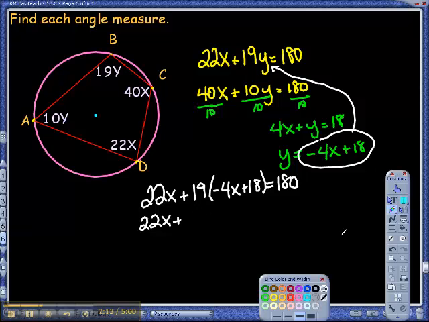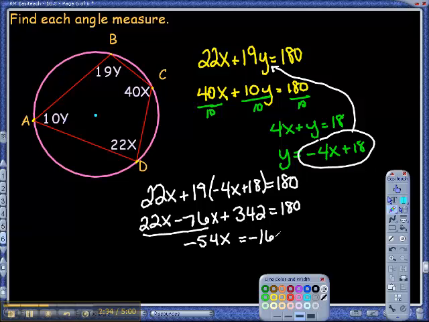This is going to be minus, since we are taking a positive times a negative, 76x plus 342 is equal to our 180. And as you combine like terms and move your 342 to the other side, you'd end up with negative 54x is equal to negative 162. And if you divide both sides by negative 54, x is 3.